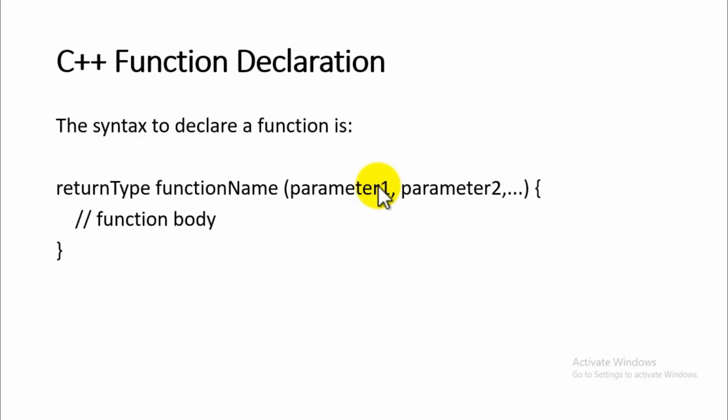So if you have to expect 1 value, just declare 1 parameter. So inside that function is your function body, in which you will code the instructions of your program.